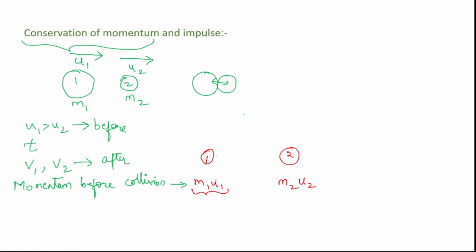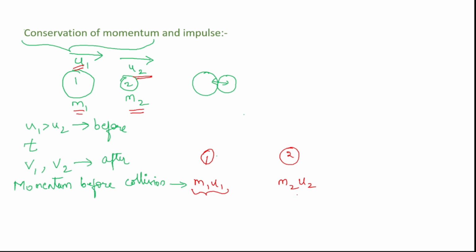What we are doing here is making a product of mass and velocity of the particular object, that is object 1 and object 2. The mass of object 1 is m1, and its velocity is u1. The mass of object 2 is m2, and its velocity is u2.